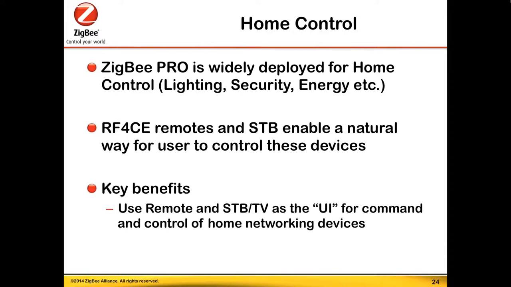So it's now a natural thing to see, okay, how can we leverage the fact that these are two technologies that are using the same radio and the same silicon essentially, and see if we can enable the RF4CE devices to control the ZigBee home network.